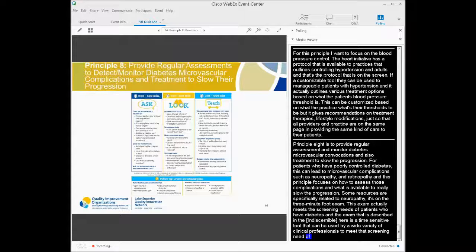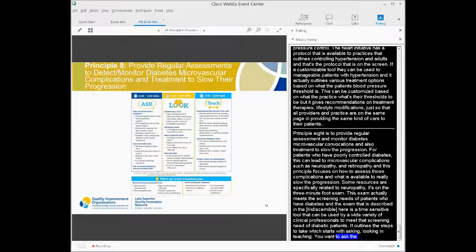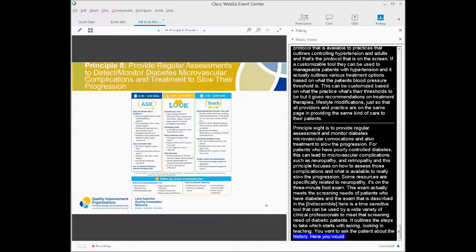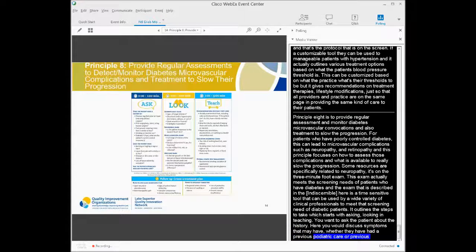So first, you want to ask the patient about their history. Here you would discuss any symptoms they may have, whether they have had a previous podiatric care or previous foot exam with a podiatrist. Secondly, you want to look.